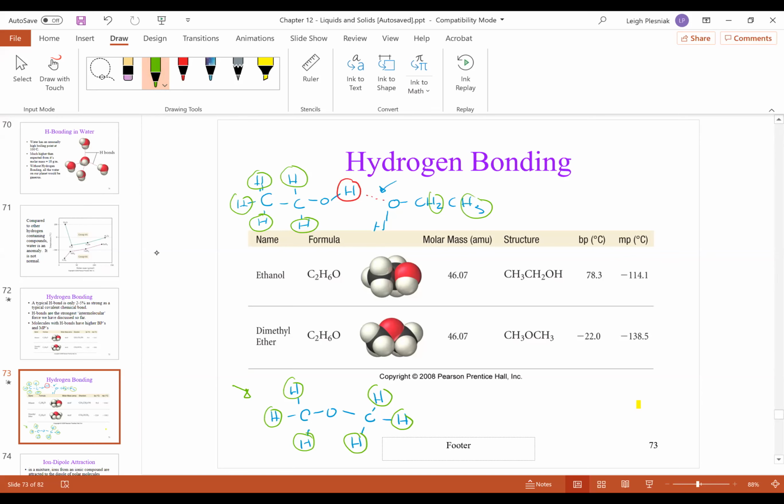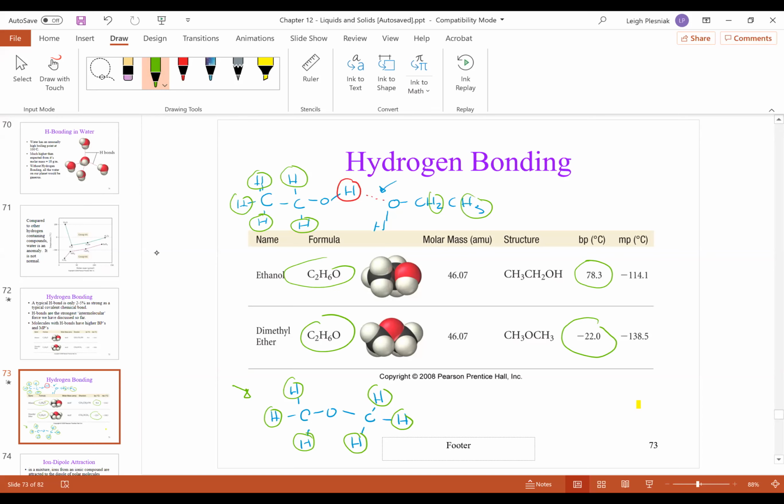Because there's no hydrogen bonding, the boiling point is lower than the boiling point of ethanol. It's minus 22 degrees Celsius. Ethanol has a boiling point of positive 78 Celsius. And they have the same molecular formula.